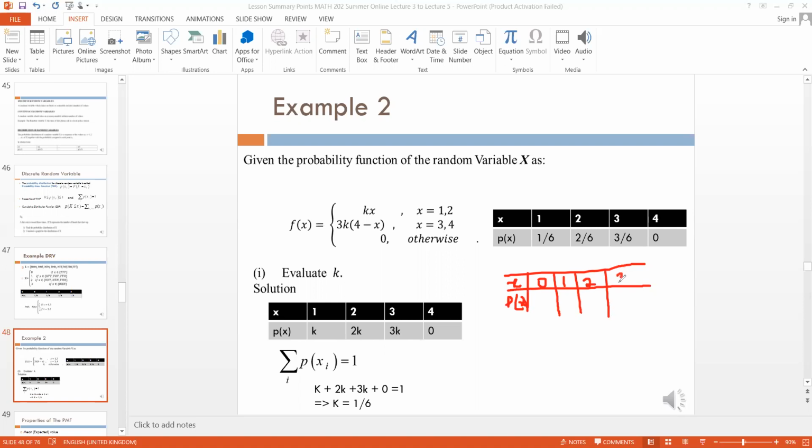To get for 0, we have to put 0 in that X. So X plus 0, you replace that X with 0. So that will be 0 plus 1, that's 1. Then 2k times 1 is equal to 2k. So under that 0 column is 2k.